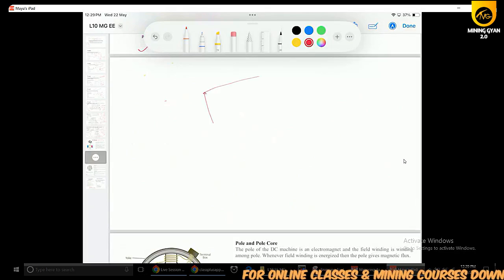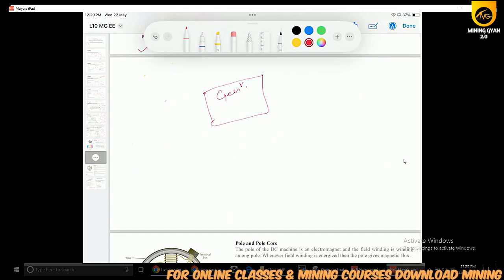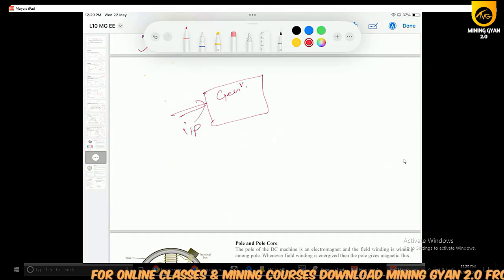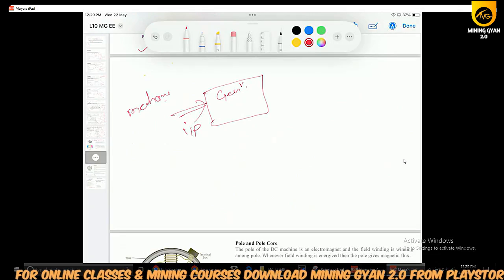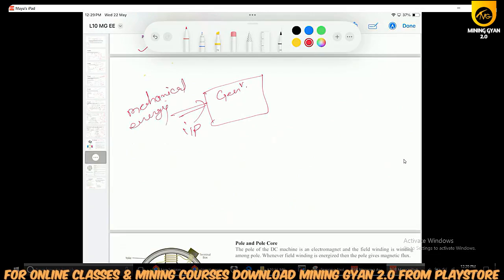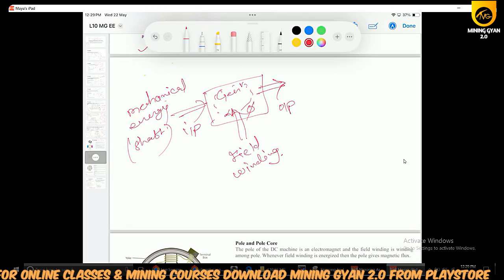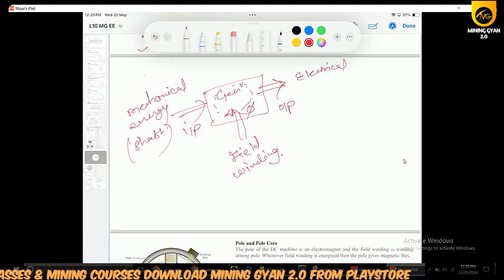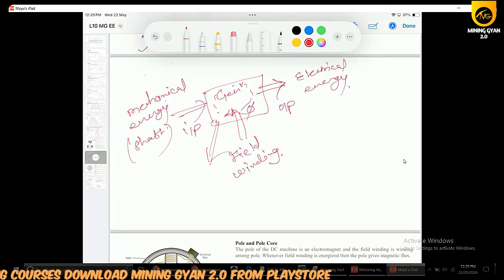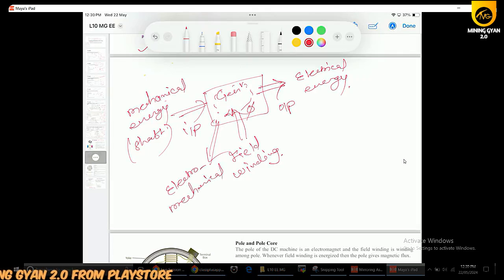If it is a DC generator, at the input side we have to apply mechanical energy through the shaft, and we have to excite the machine using the field windings such that there will be generation of magnetic flux, and in the output side you will get electrical energy. Such that this system is called an electromechanical energy conversion device or machine.